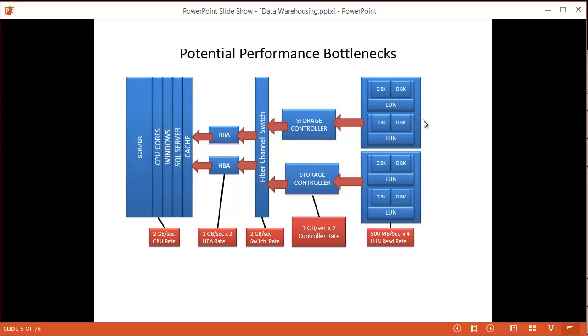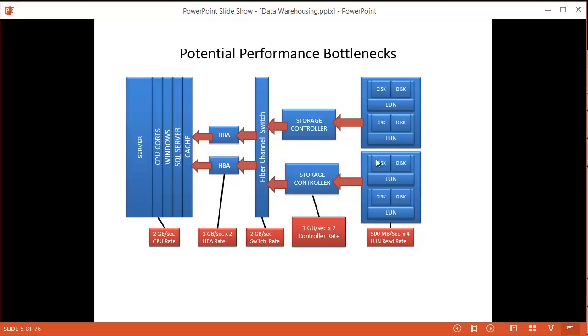So moving over to the extreme right hand side, you have your disk layout here. You have pairs of disks. These are RAIDed together, let's say in a RAID 1 scenario in this case, and then they're exposed to the operating system in a series of LUNs. Your RAID level will vary, and I'll go into greater detail about those things.